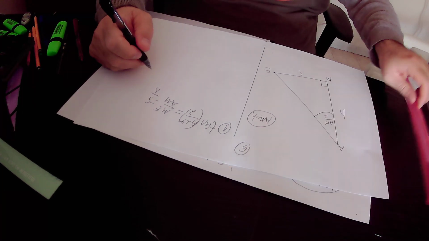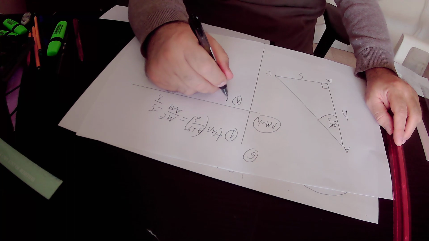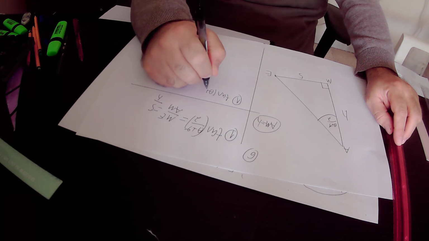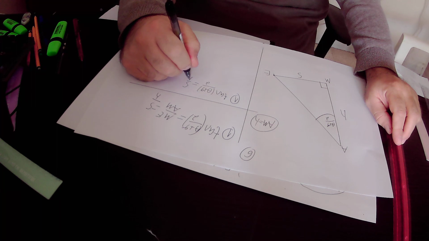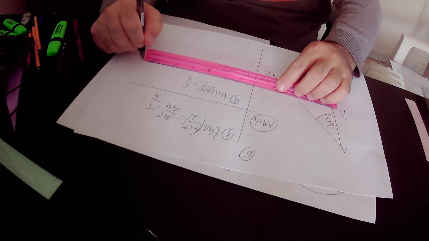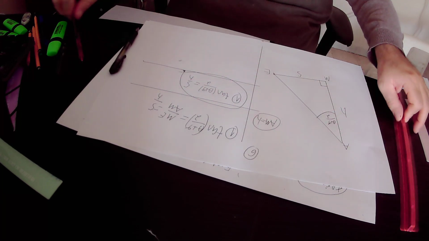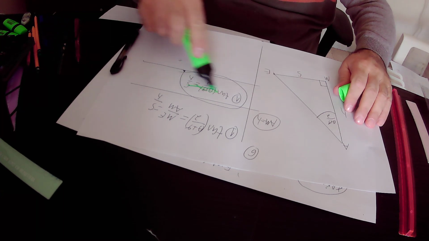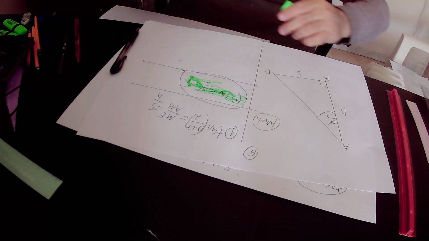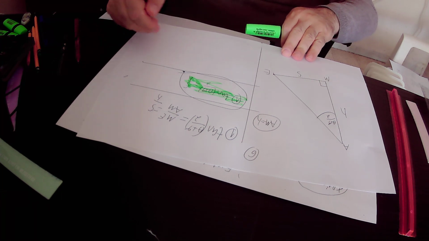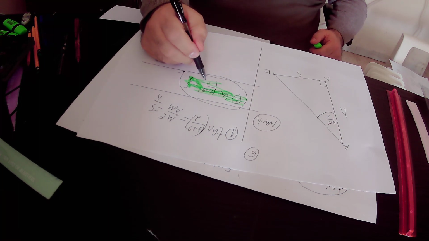So in conclusion, we found out that according to equation number 1, tangent theta plus alpha over 2 is equal to 5 over H.